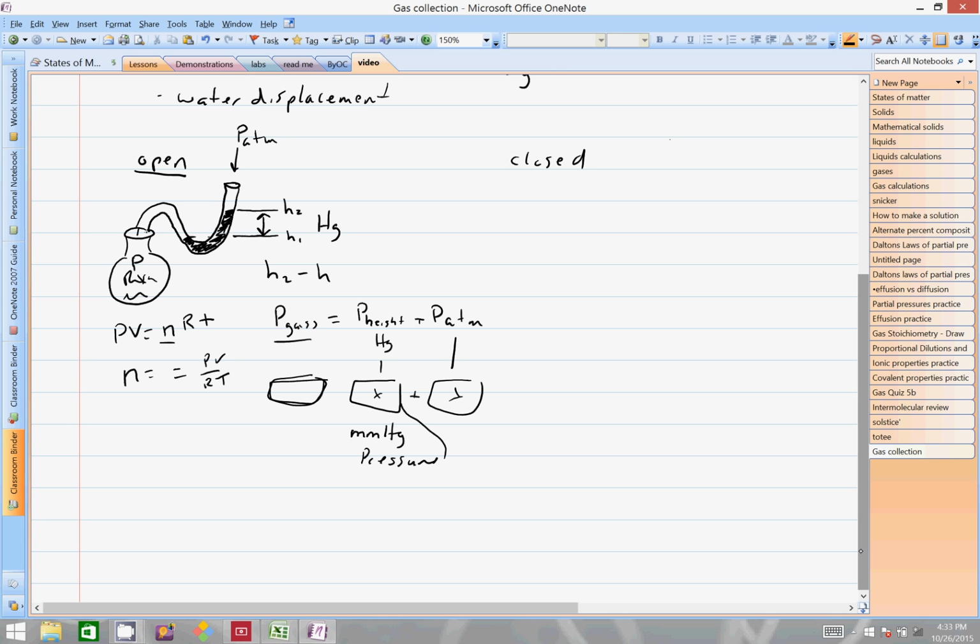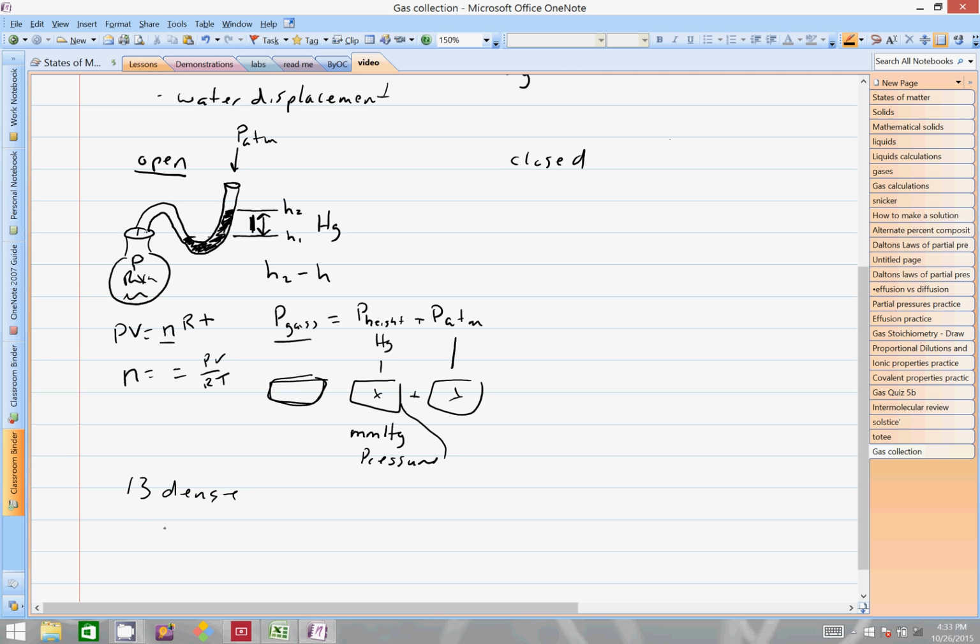So, a quick little side note on why mercury is nice. Well, mercury is 13 times more dense than water, 13.3 to be exact. So equivalence height-wise is that the more dense you are, the less height you get.